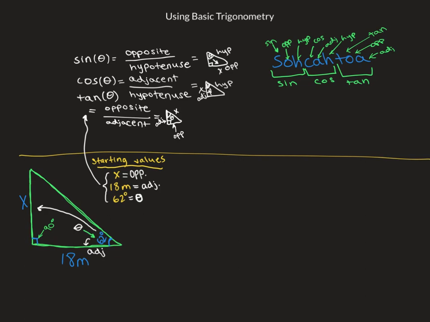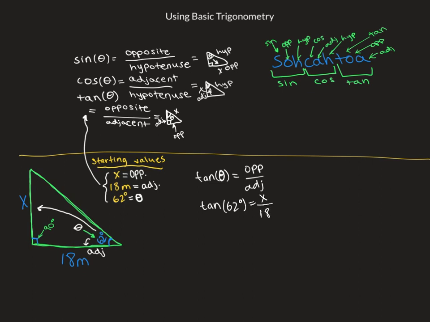So we can go ahead and put in our tan equation here. So tan of theta is equal to opposite over adjacent. And now let's plug that in. So tan of 62 degrees is equal to, our opposite is x over, and our adjacent is 18.